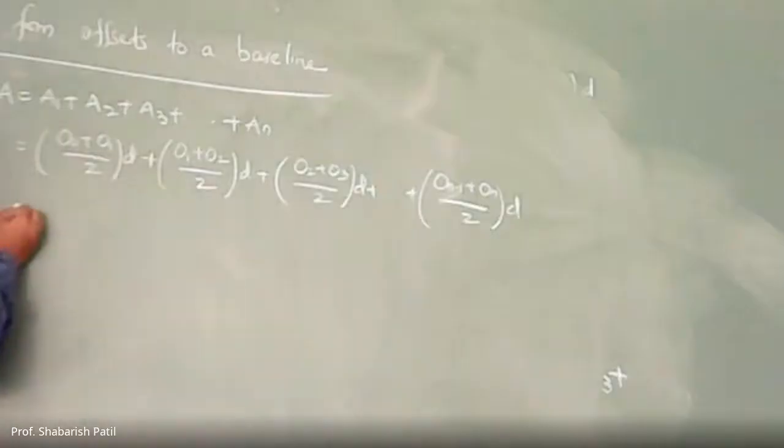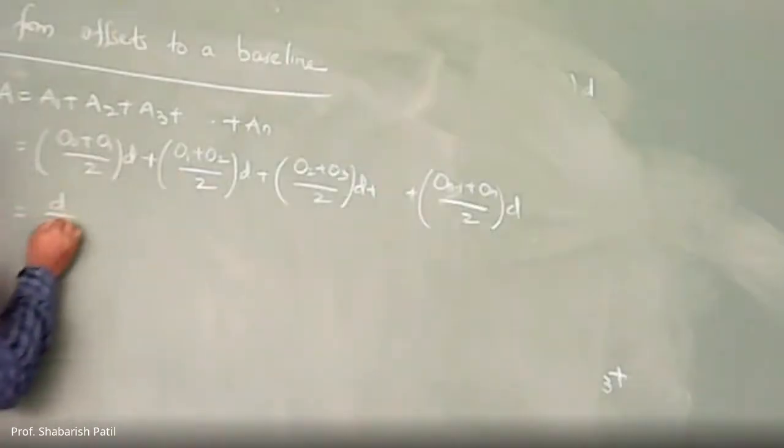No, sir. Okay. Is something common here? Yes? D by 2, sir. Right. So I'll take out D by 2.